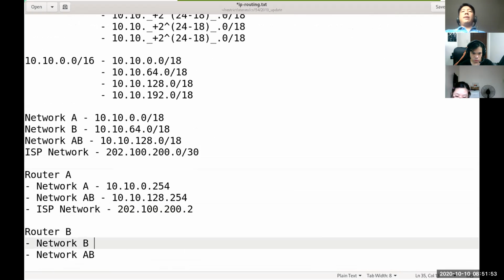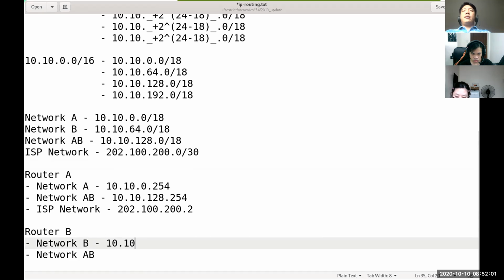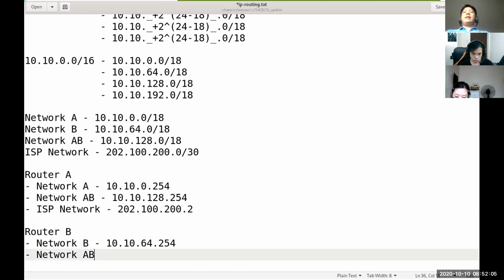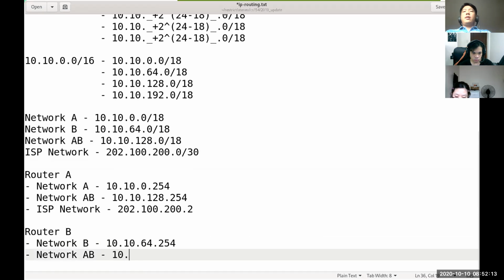Now I move to router B. So I want to give them IP addresses as well. So in network B, I need to give the last IP address here. So I can use 10.10.64.254. It's the last. And network AB, I use the last IP address here, 10.10.128.